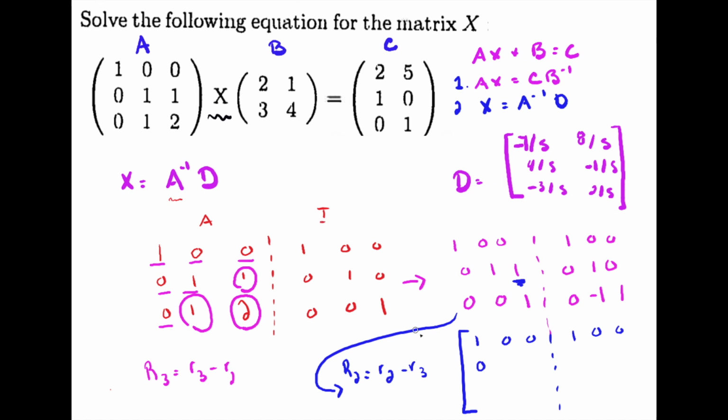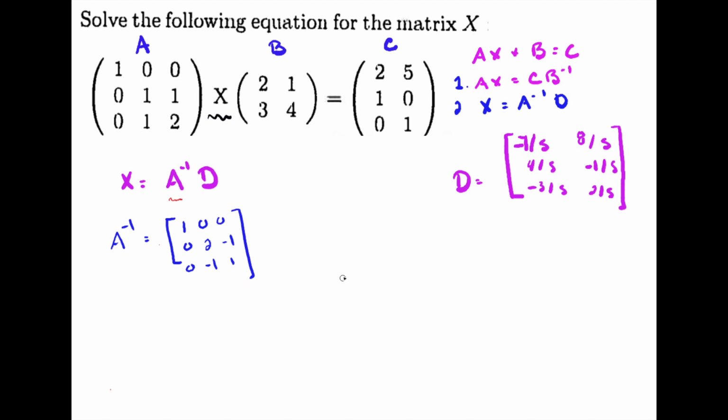Made a mistake. 1 minus 0 is still 1. 1 minus 1 is 0. 0 minus 0 is 0. 1 minus negative 1 here, that changes, and that is 2. 0 minus 1 is negative 1. Then nothing changes here. So 0, 0, 1, 0, negative 1, 1. Now this here on the right hand side is our inverse.